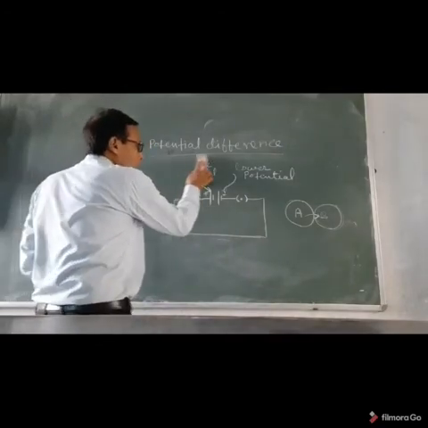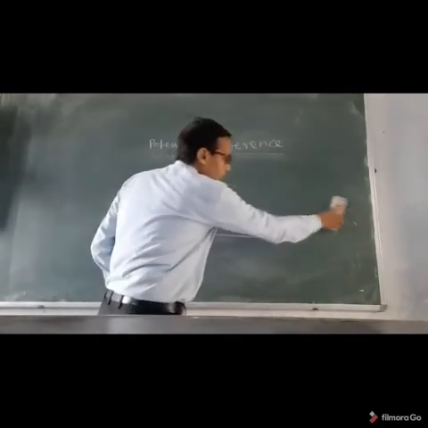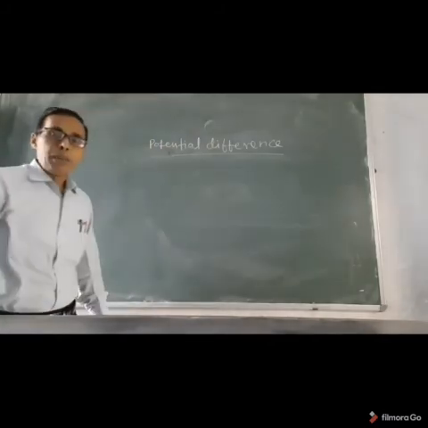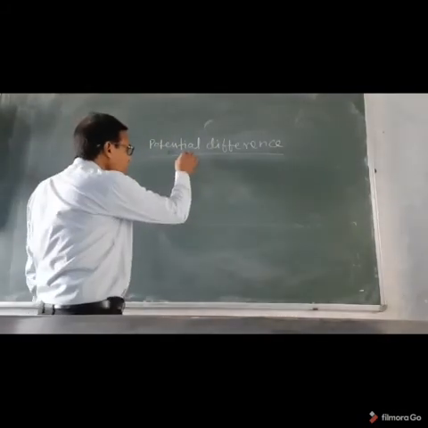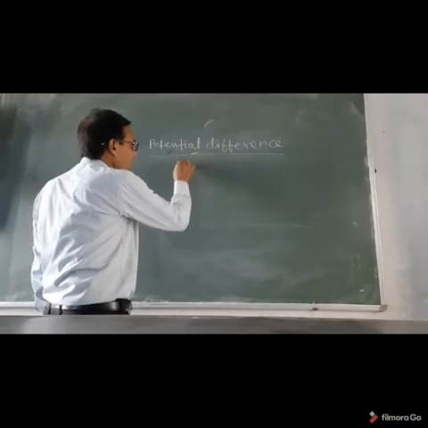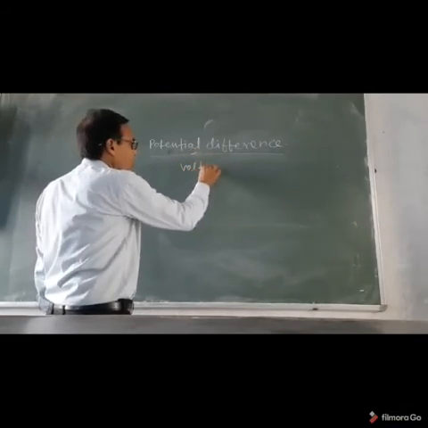Now, can you tell me which device is used to measure the potential difference? The device used to measure potential difference is the voltmeter.